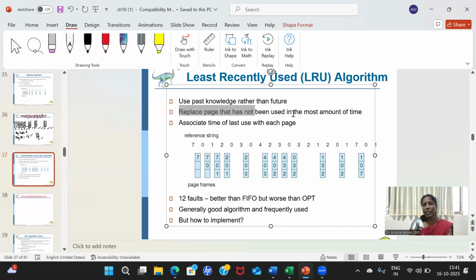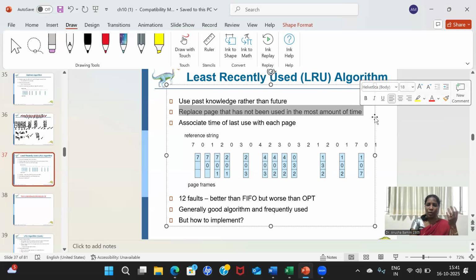Read here: replace the page that has not been used for the most amount of time. So you are checking the past instead of the future. Which has not been used for the most amount of time, that frame we are replacing.